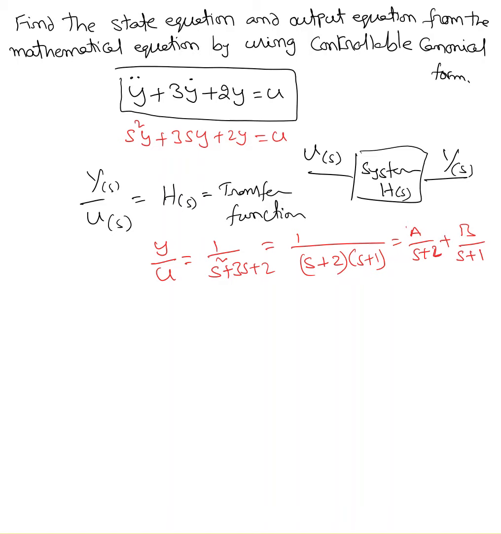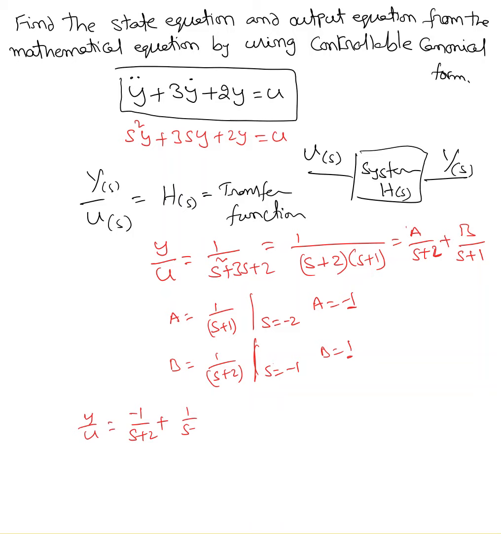By using partial fractions, you can find a: take the whole equation other than the denominator of a, substitute s equal to minus 2, and you end up with a equal to minus 1. Same thing for b: substitute s equal to minus 1, and b equals 1. So y over u equals minus 1 over s plus 2 plus 1 over s plus 1.